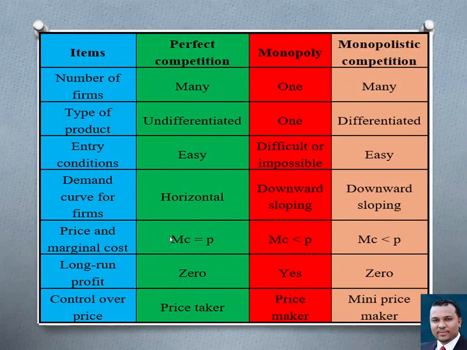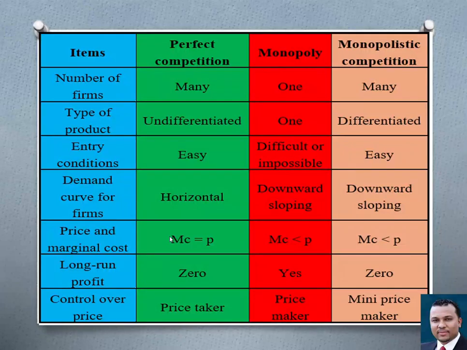What about the demand curve? In perfect competition, the demand curve is horizontal, as we explained. So in this case, we talk about perfectly elastic demand. The shape of the demand curve for firms in monopoly is the same as in monopolistic competition: downward sloping.